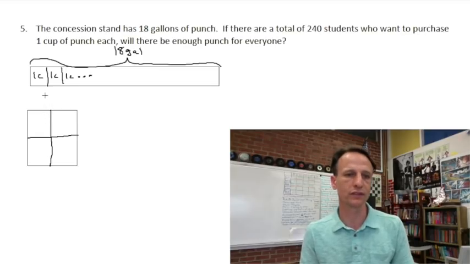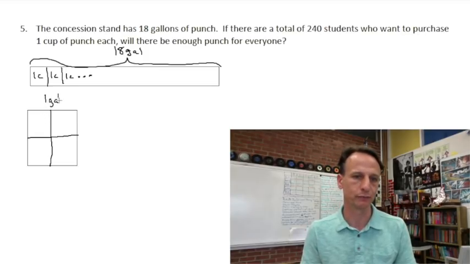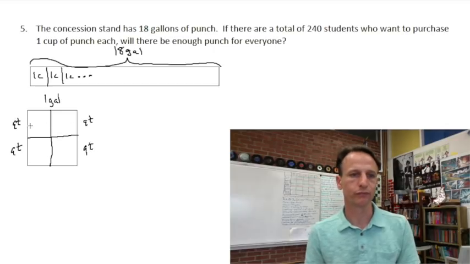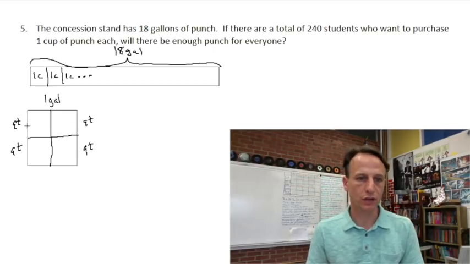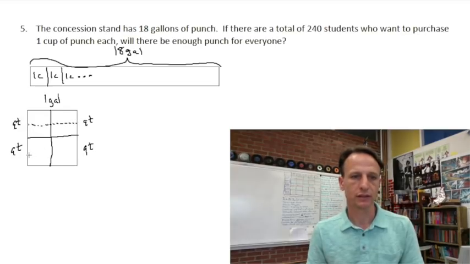All right, so this whole thing, let's call this 1 gallon. And within that gallon, there are 4 quarts. Quart, quart, quart, quart. And then each of those has, I'm going to use a dotted line here. Each quart has 2 pints in it. Pint, pint, pint, pint, pint, pint.